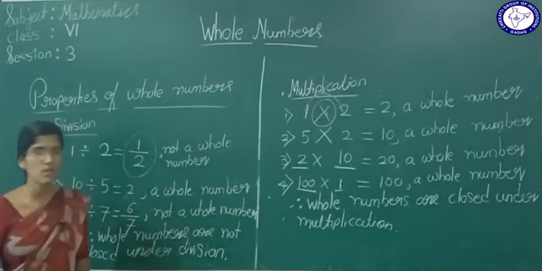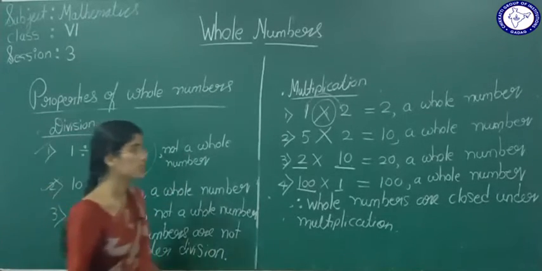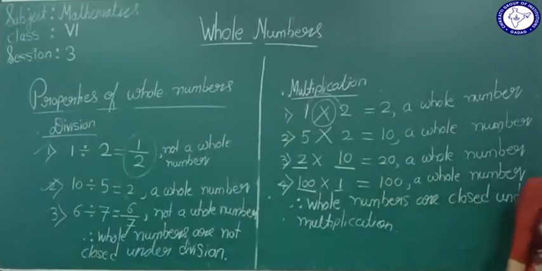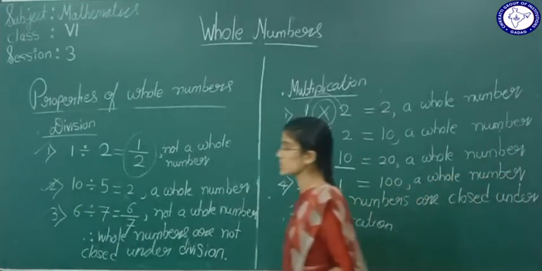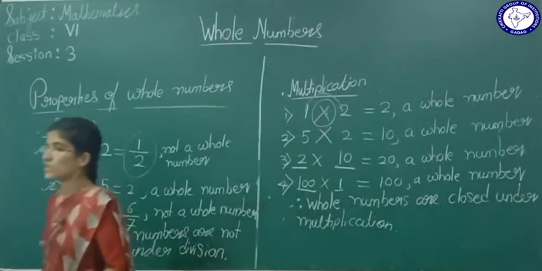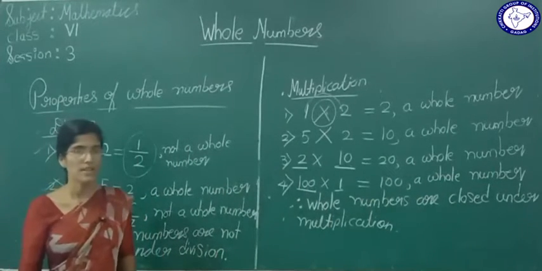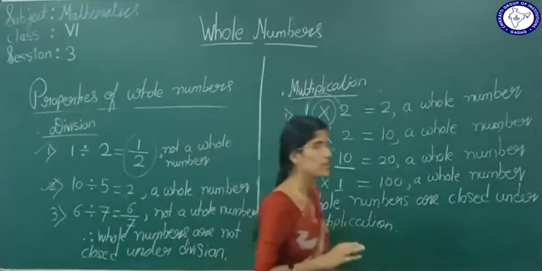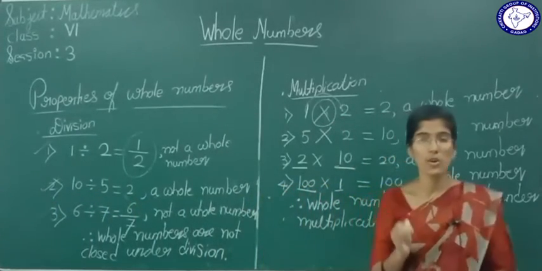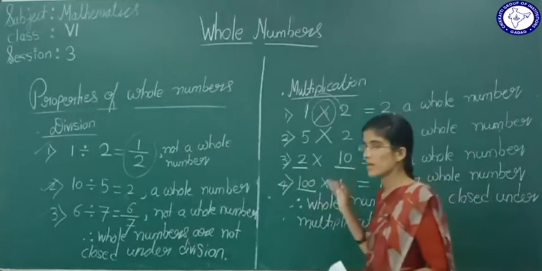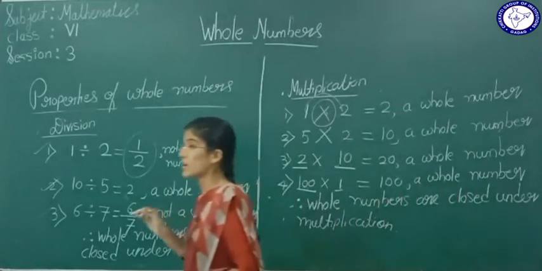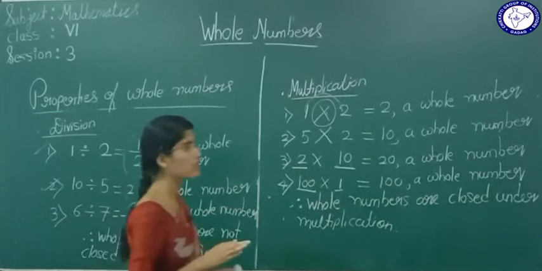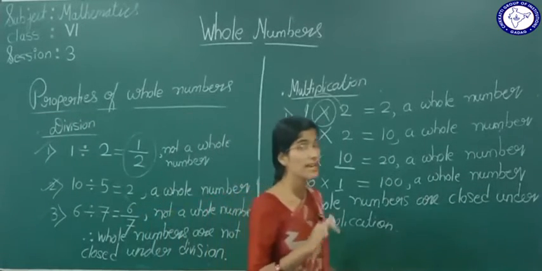So this is about closure property. The closure property tells us that addition and multiplication satisfy the closure property. Means whole numbers are closed under addition and multiplication. But whole numbers are not closed under subtraction and division. Why?